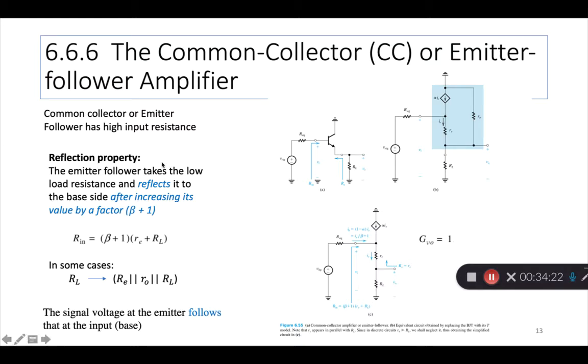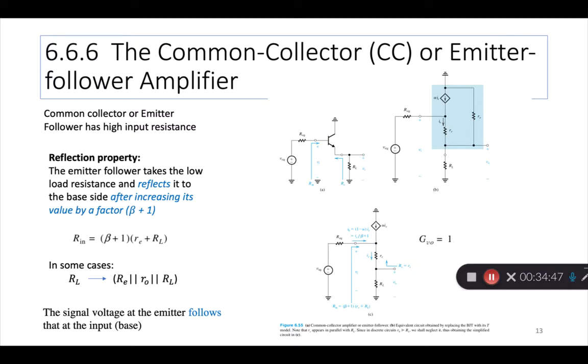So we have seen this somewhere like in a transformer, right? When we were doing transformer circuit analysis, the load impedance, which is on the secondary of a transformer, is reflected onto the primary, and we use that property to solve the primary circuit.